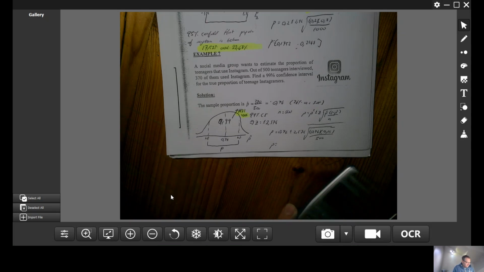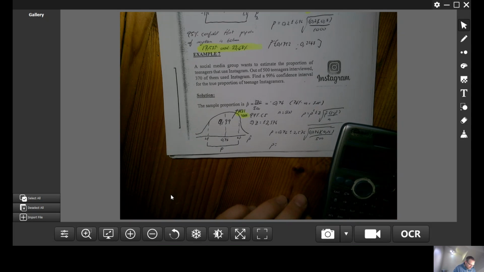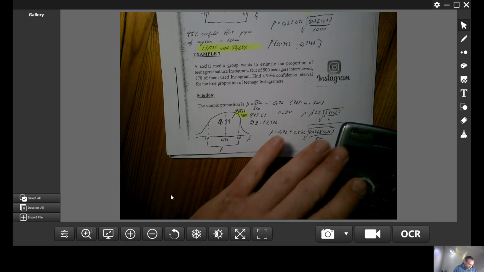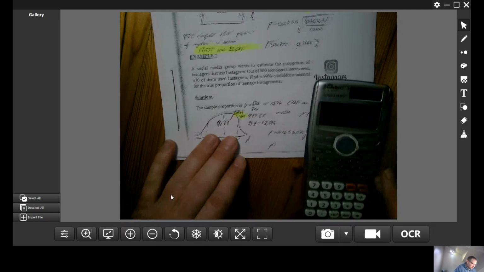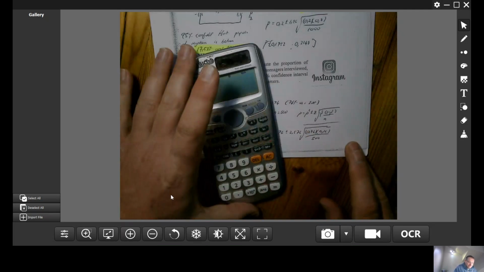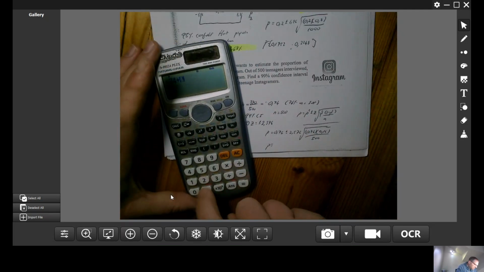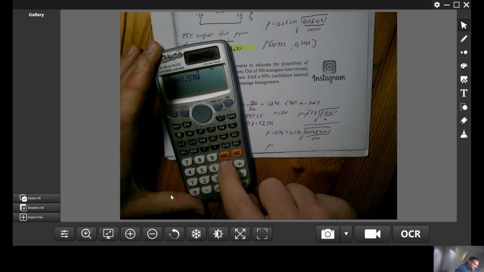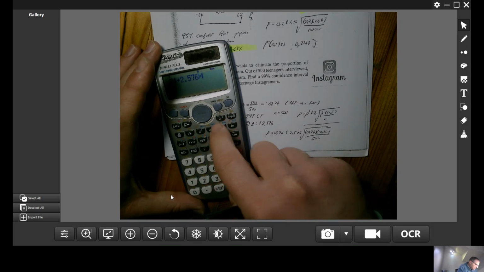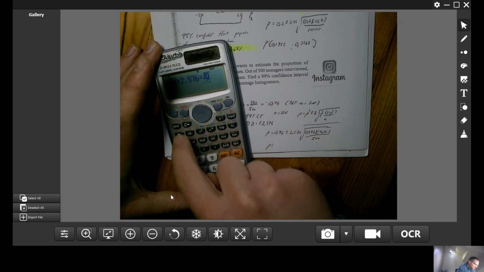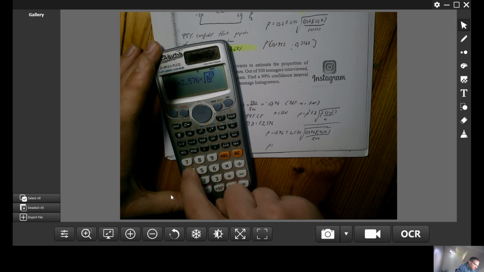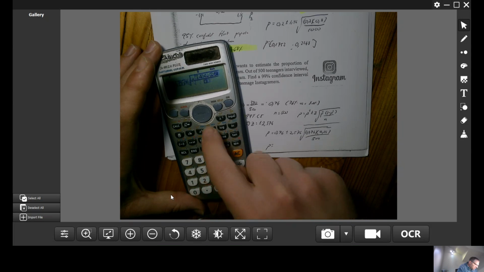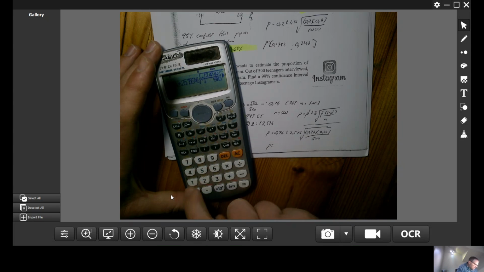And we end up with p is equal to 0.74 plus 2.576 times the square root of 0.74 times 0.26 all over the sample size of 500.